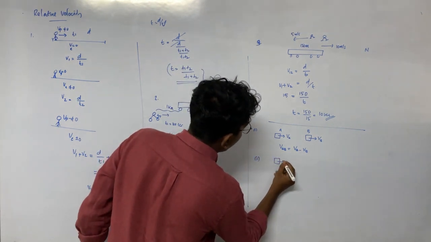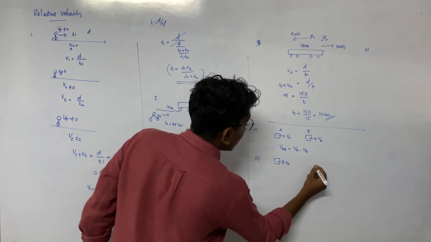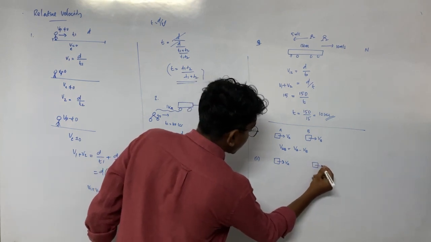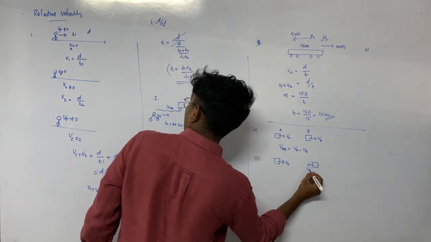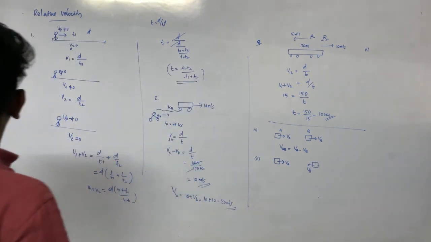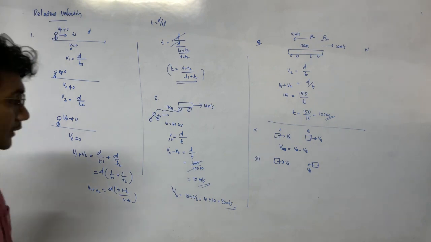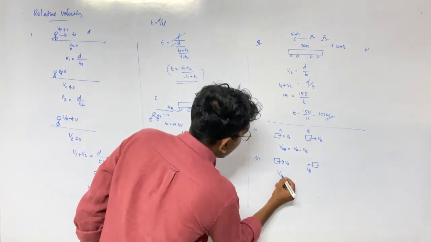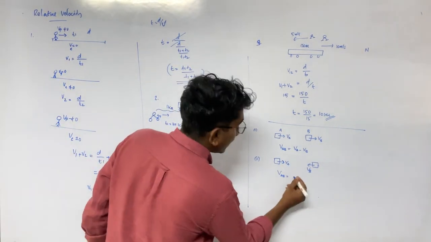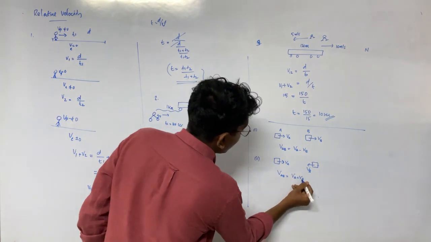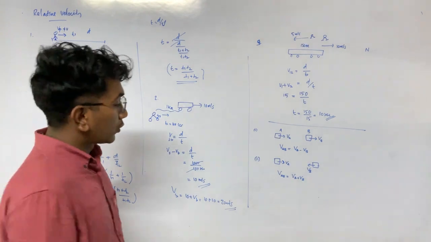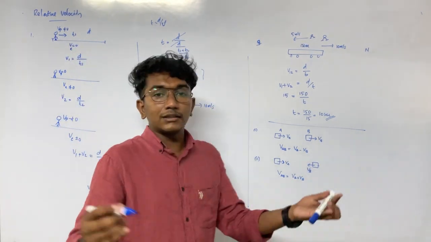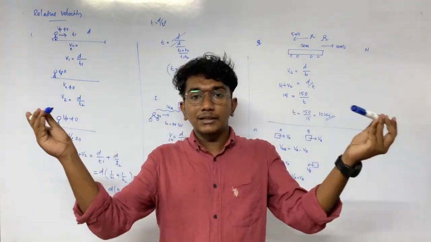So then next one. If this is VA in this direction and VB is in this direction, I'm sorry, VB is in this direction. Okay? So then what will VAB be? VAB will be VA plus VB. Look at this. Both the bodies are coming toward each other in this direction.